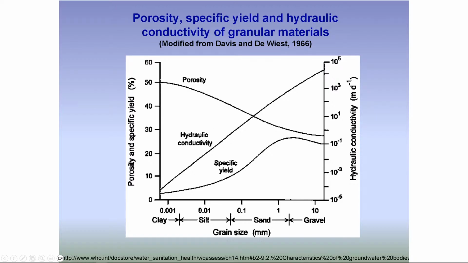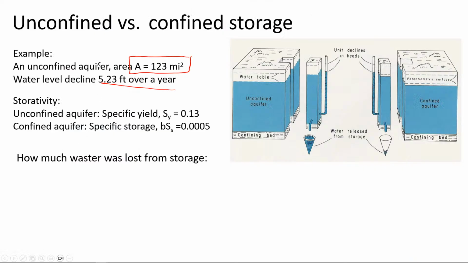So we know something like this here. But we generally calibrate this from the model. Okay, unconfined has a specific yield of this. Confined aquifer has a specific storage of this one. So this is the unconfined aquifer, and the storativity is like that.